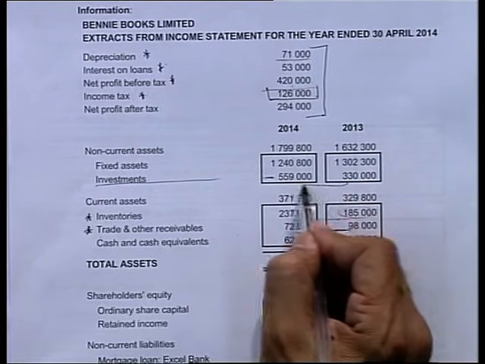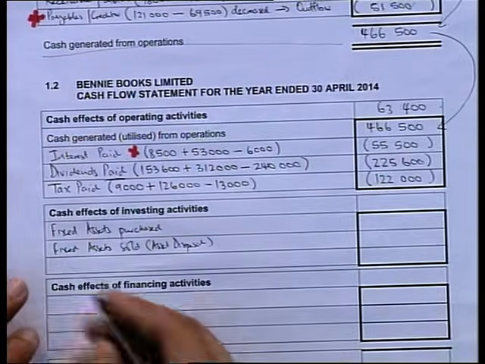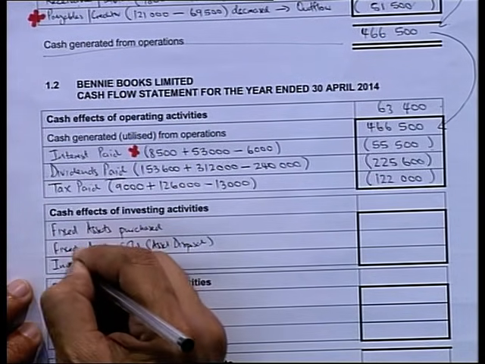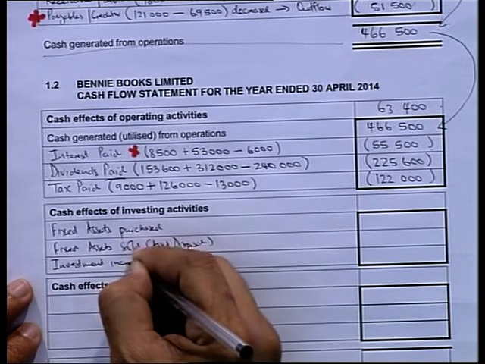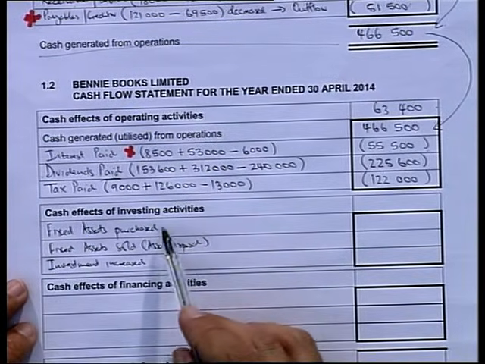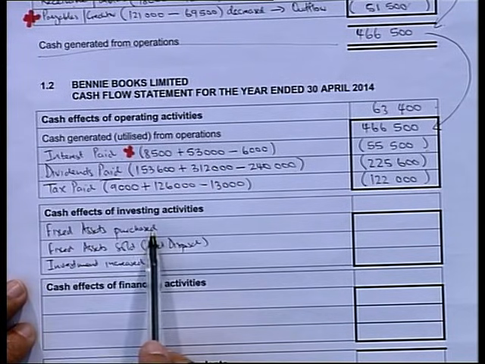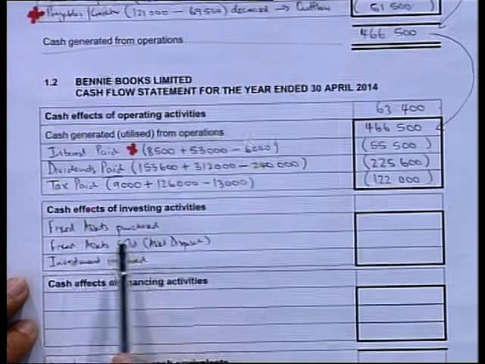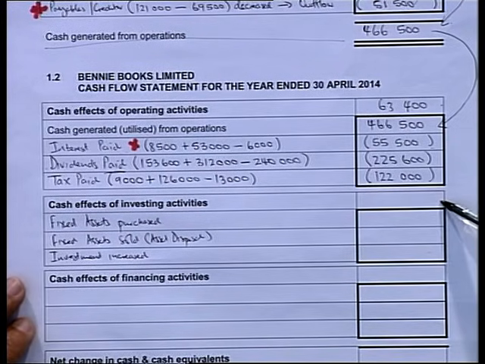So it looks like the investment increased, so it's going to be investments increased. Okay. So we'll have to look at all that information, the fixed assets, to get either the fixed assets bought or purchased, the fixed assets sold, and the investments, and then we'll find those figures. We offset the 3 figures in the block to get the final answer on top.